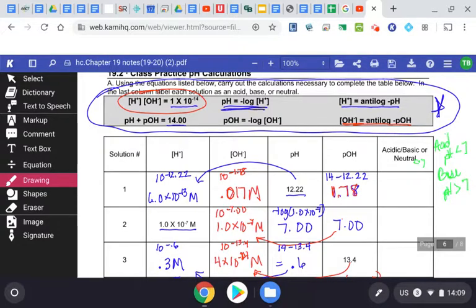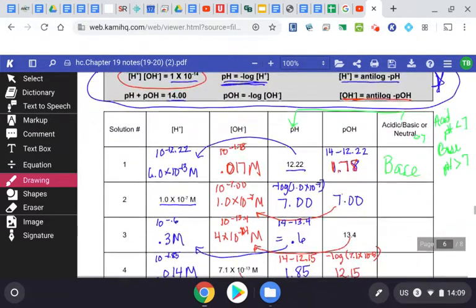So we always want to go back and look at what the original pH value was. For the first solution, it's 12.22. That is greater than 7. So our first solution is a base. Our second solution is right at 7. That would make this solution neutral.